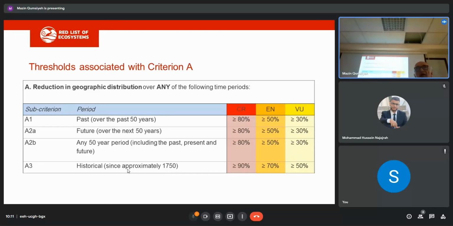Depends. Yeah. We will see, but you can have a combination of criteria. Let's see the example. Sometimes the forest, the extent of the forest, because of cutting trees, it just diminishes. After, if it's too little, it's no more forest, okay? But the composition of the forest could be the same, but there is a reduction. I don't know if the Dead Sea is a good example, but it's diminishing. Probably the function is also changing because it's probably more salty.